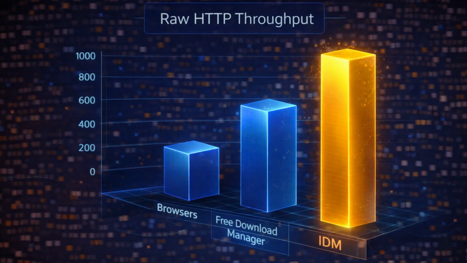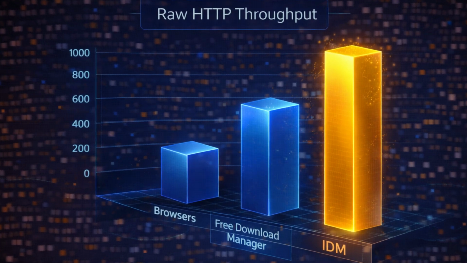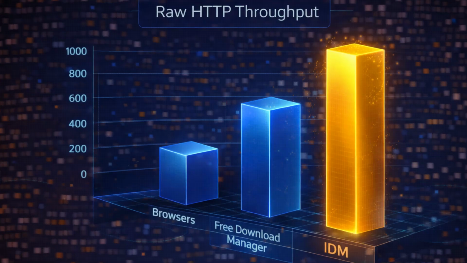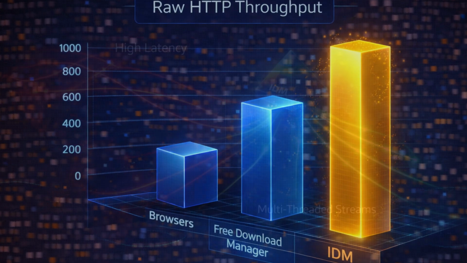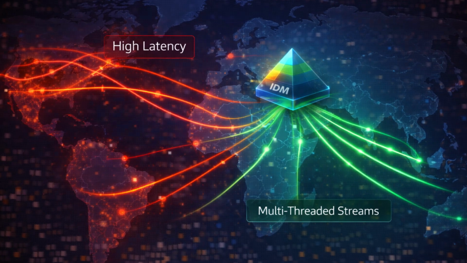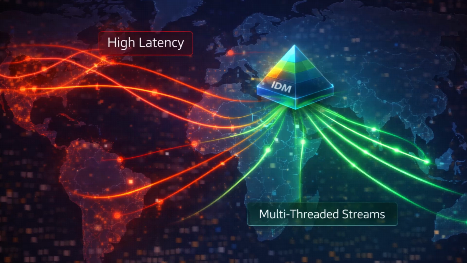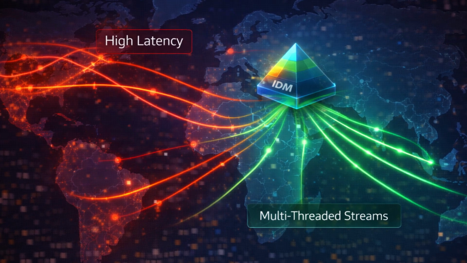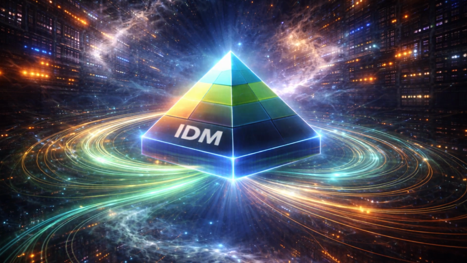In competitive benchmarks, while free alternatives like Free Download Manager offer BitTorrent support, IDM remains the industry leader in raw HTTP and HTTPS throughput. Its more aggressive dynamic segmentation and highly optimized C++ core provide a measurable advantage in high-latency environments. Internet Download Manager is more than just a utility.